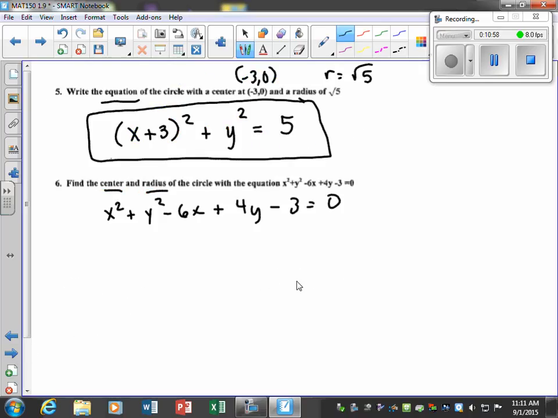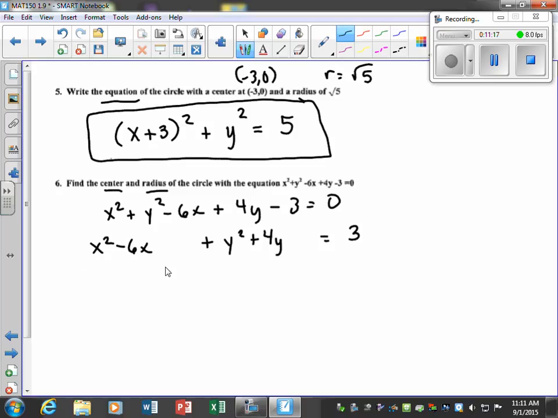So let's recall doing that. First thing you want to do is group the x terms and group the y terms. So x squared minus 6x, leave a space, plus y squared plus 4y is equal to 3.